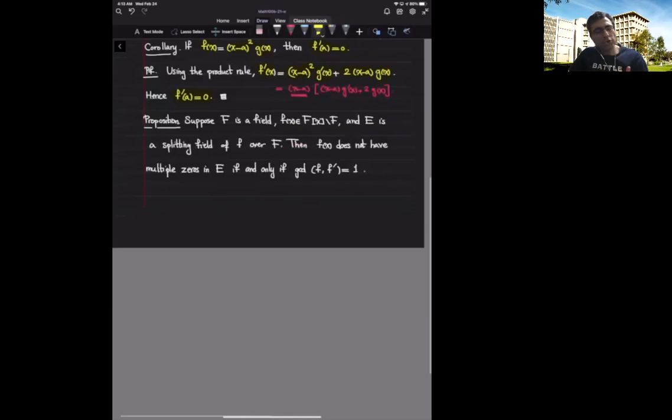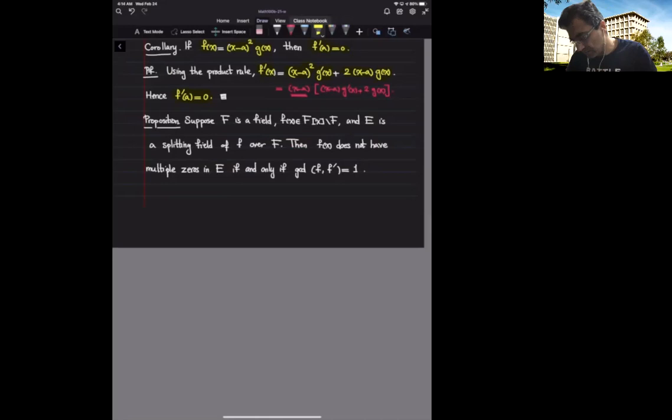Now we are going to show precisely when a polynomial has, or does not have, multiple zeros. It depends if you want to write this sentence or its contrapositive. So we want to pinpoint exactly when a polynomial does not have multiple zeros in its splitting field.